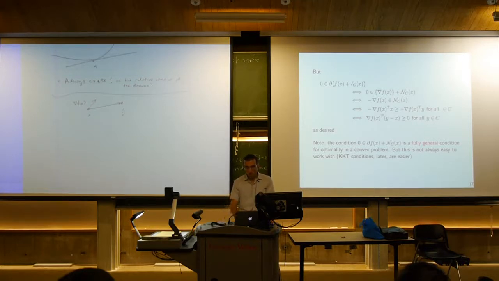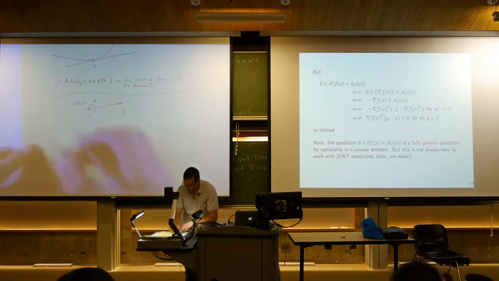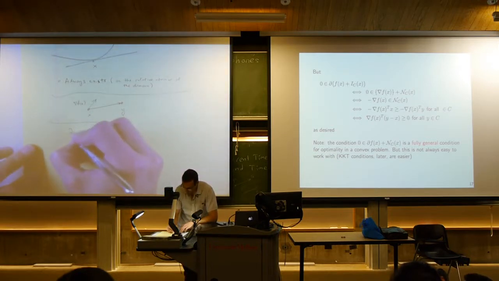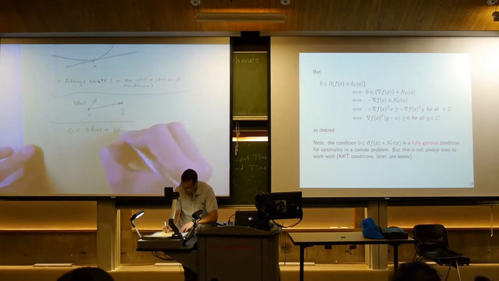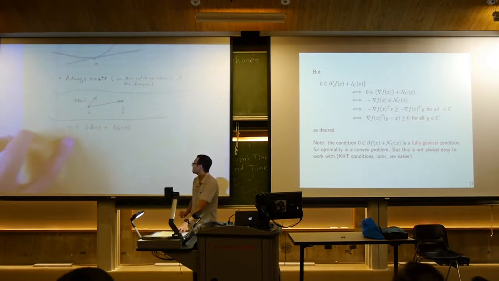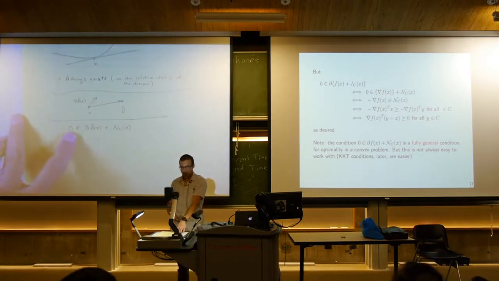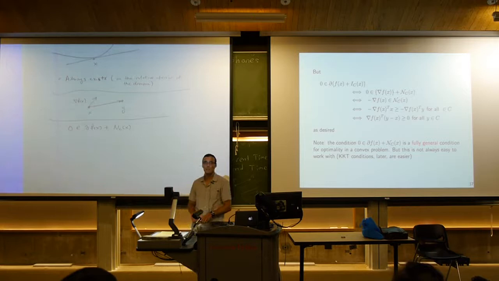In general, maybe just to take a step back and point out, this condition that we started off with, right? The condition that 0 is in the set of subgradients of our function plus the normal cone to our constraint set at the point x. That is somehow a fully general, necessary and sufficient condition for optimality in a convex problem.